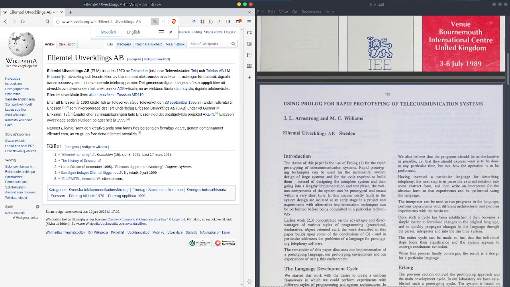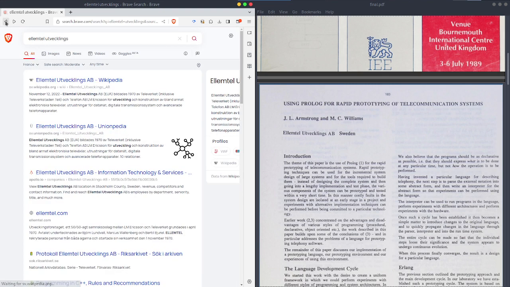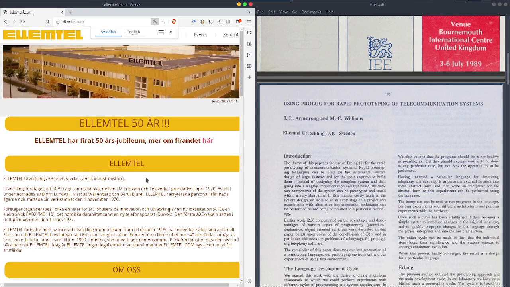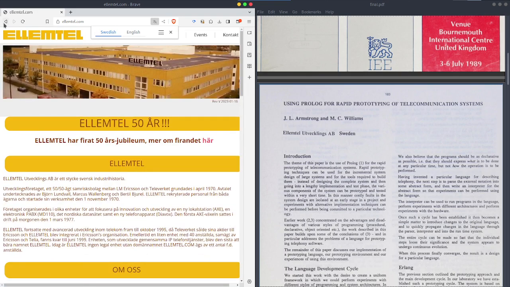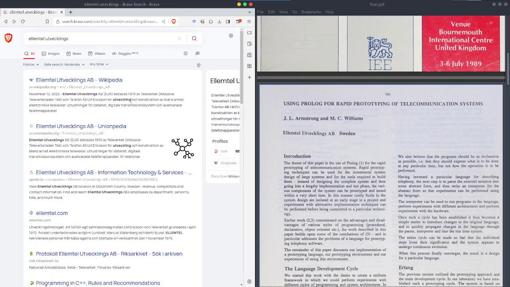Telecom AB for. Okay, do we have it in English? No. Okay, it's interesting. It looks like it's still relevant today, and this company is still existing, but I'm not sure. Oh yeah. So weird. We'll check that after.